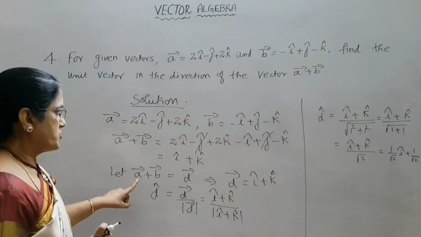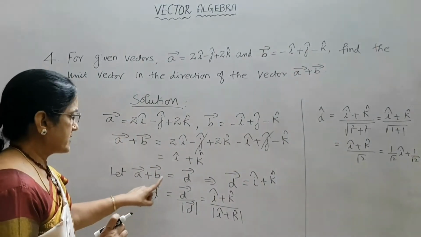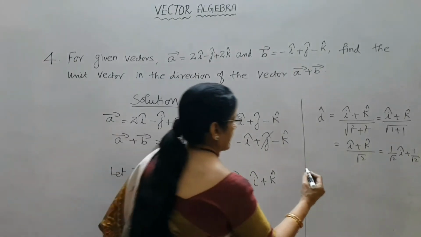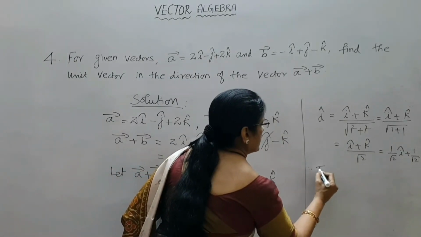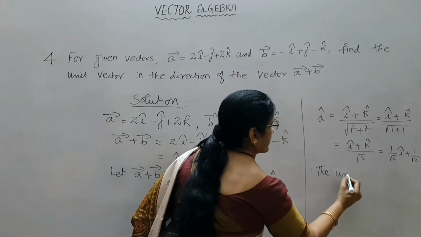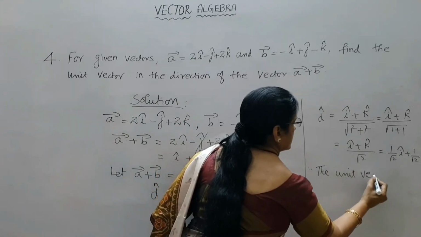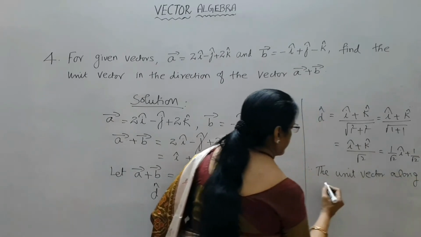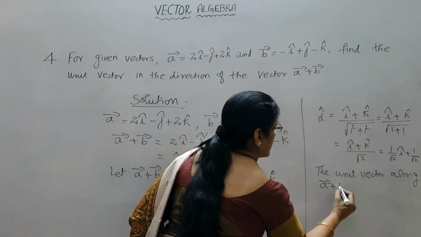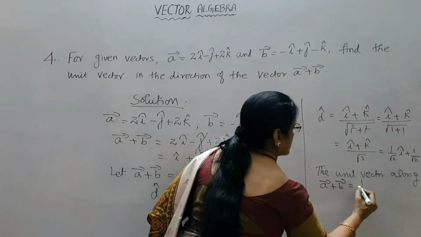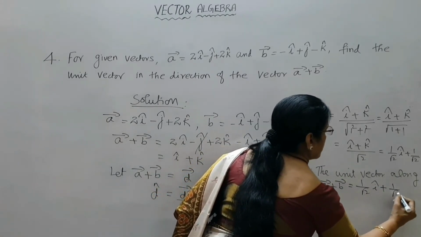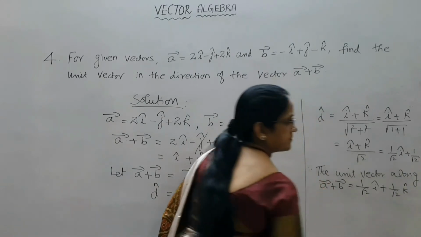We have made the assumption a vector plus b vector is equal to d vector. So you need to write finally, therefore, the unit vector along a vector plus b vector is equal to 1 by root 2 i cap plus 1 by root 2 k cap.